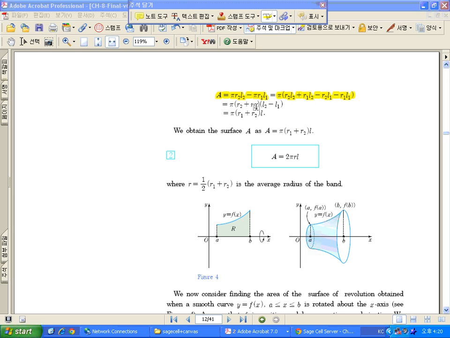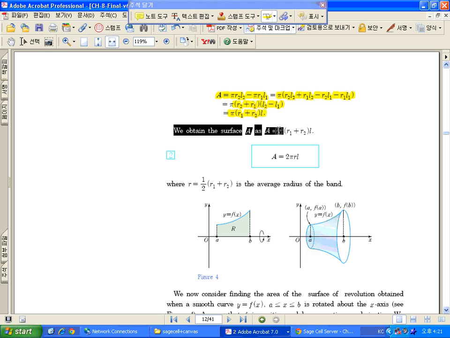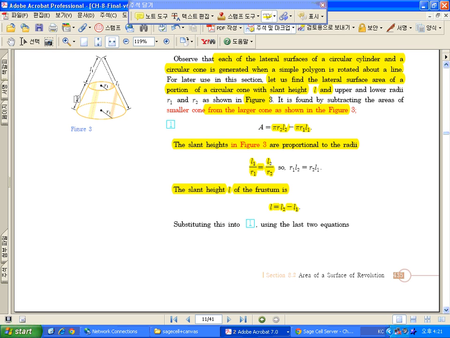Then this can be factored like this, so we can write A is equal to pi times R1 plus R2 times L. So we obtain the surface area A as A is equal to pi times R1 plus R2 times L, where L is the length between here.